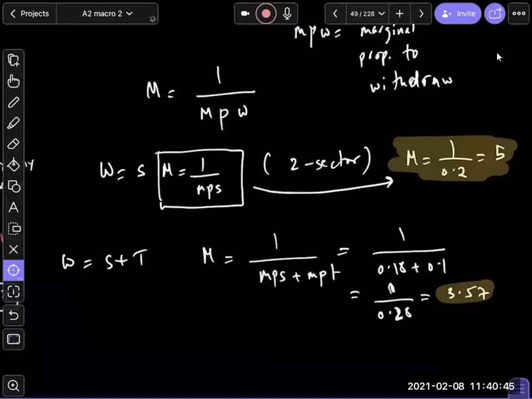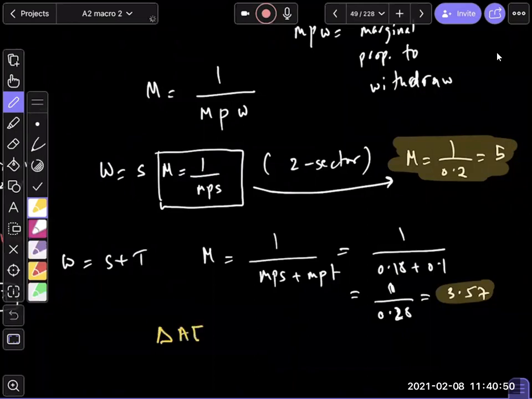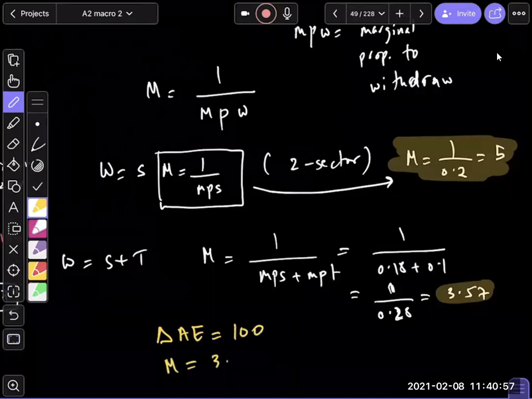So if you know 3.57 is your multiplier, and if I say change in AE, we've done this MCQ, so if change in AE is 100 and your multiplier is 3.57, what will be your change in Y? Anyone, what will be the change in Y? We did these MCQs, so what's the formula?